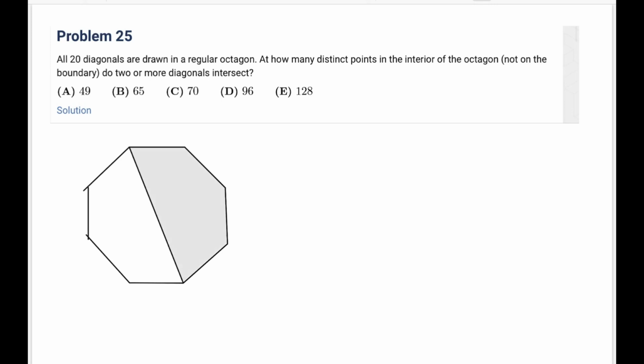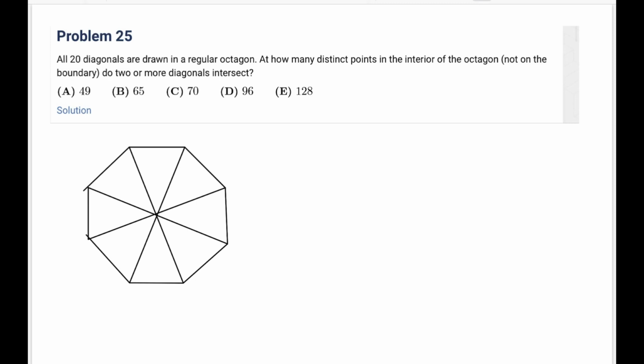Helpfully, we can see that we can divide this octagon into 8 different regions, like so. And then we could know how many points of intersection are in this one region, and then we can multiply that by 8.